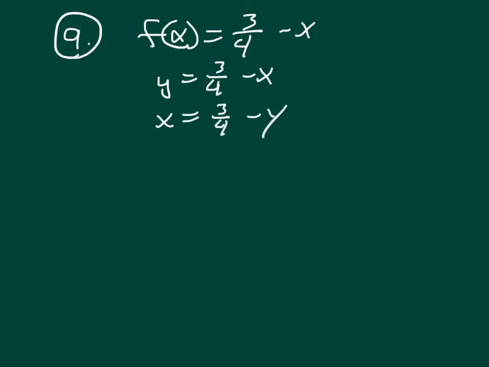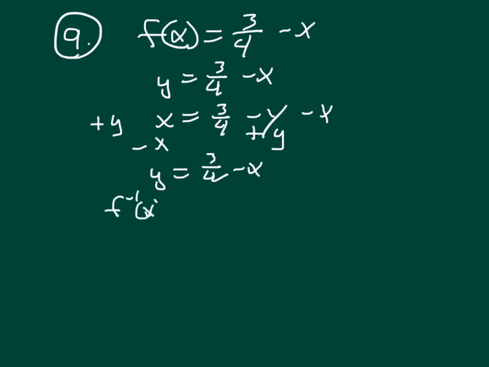I'm going to subtract x over to this side and add y over to this side, and I get y is equal to 3 over 4 minus x, or f inverse of x is equal to 3 over 4 minus x. So there's the inverse.